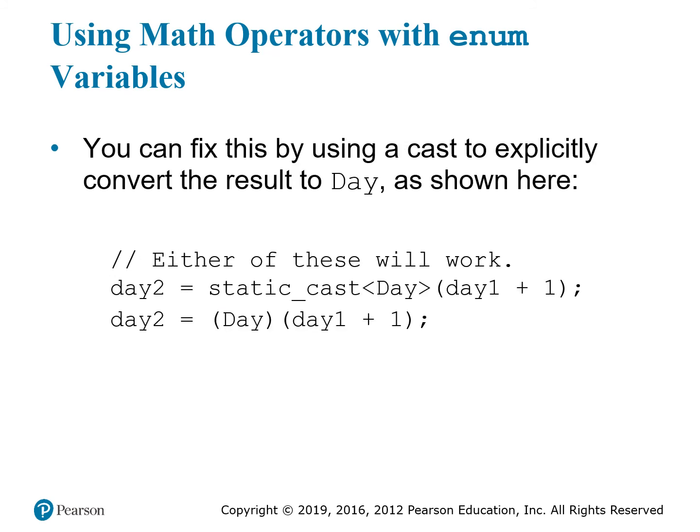What you can do instead is cast day plus 1. What happens here is it's going to promote day 1 to an int, add it to 1, and then you're going to cast it back to type day.